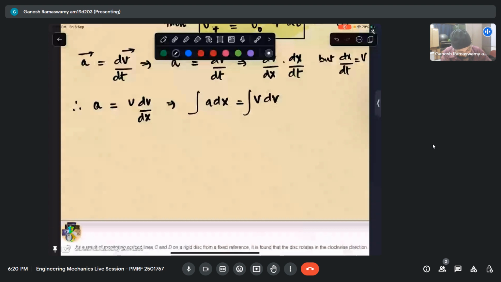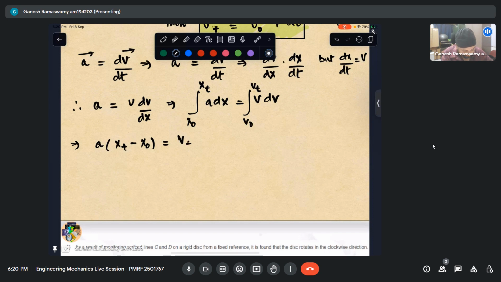Integrating from x naught to x at time t, from v naught to v at time t, we get acceleration into xt minus x naught is equal to vt squared minus v naught squared by 2.